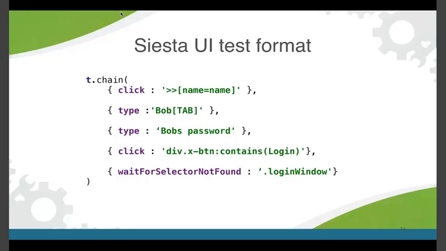So we can say click, we can type Bob's name, and then tab to the password field. And then we type the password, and then we click some button which contains the login text. And then we wait for some CSS selector to be not present. This would be a naive way of testing that the login window works. So it's quite self-explanatory.